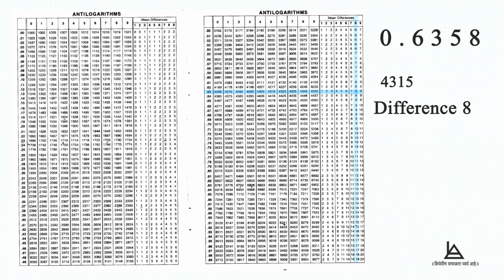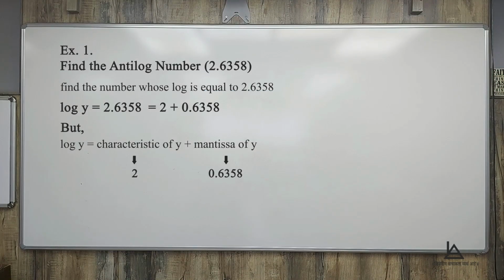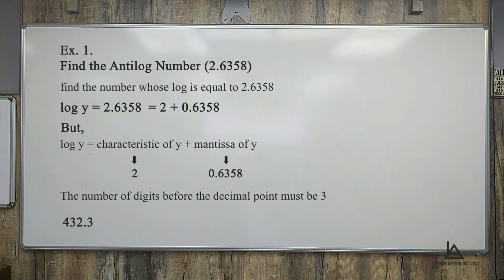This number is 8. Add the 2, that is 4315 plus 8, which is 4323. Great. Now step number 2. Since the characteristic of number is 2, the number of digits before the decimal point must be 3. Hence, the required number is 432.3.